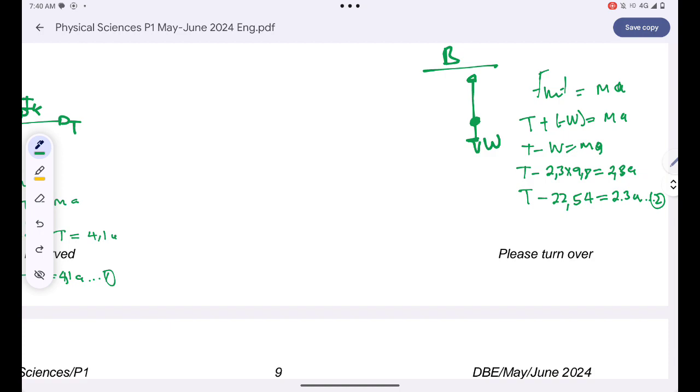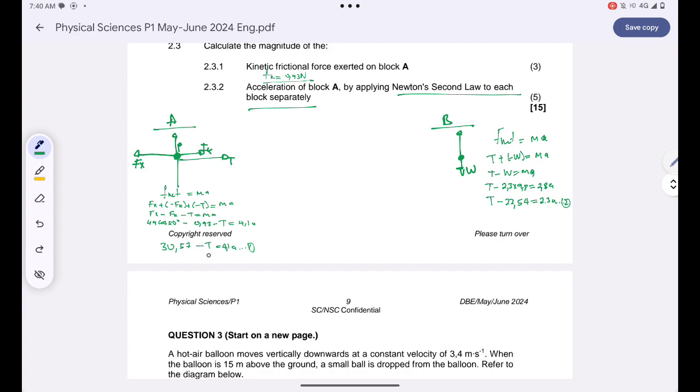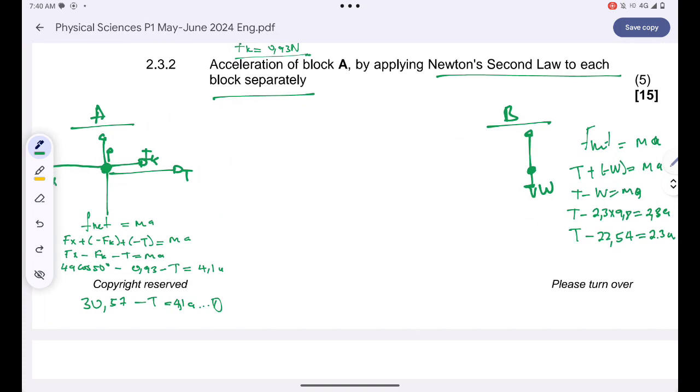Yes, guys, I know that if you want to find A, you can make one variable subject of the formula, since we have two unknowns, both A and T in both equations. But guys, the easier way to calculate these things is to just say equation 1 plus equation 2.